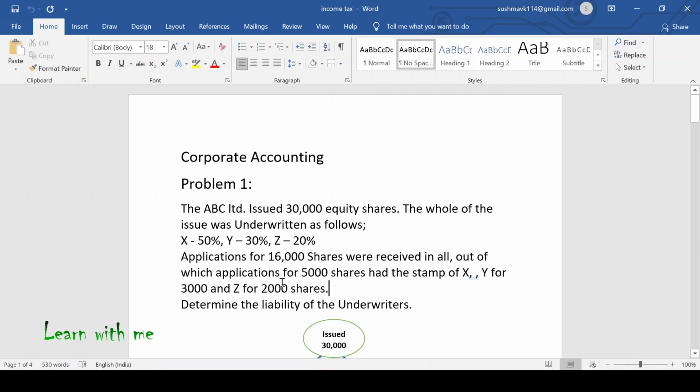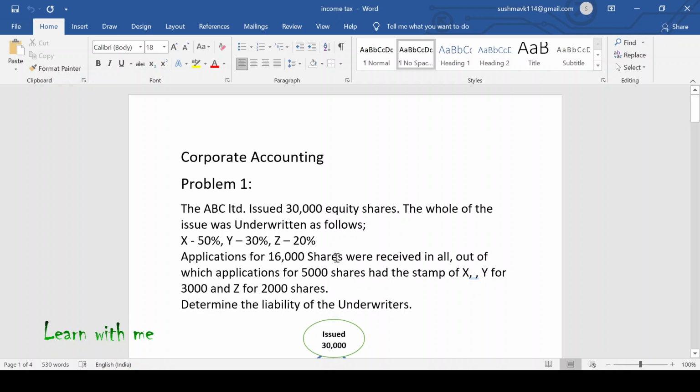So what is the total? 5,000 plus 3,000 plus 2,000 is equal to 10,000 shares. What are these 10,000 shares called? They are called marked applications.